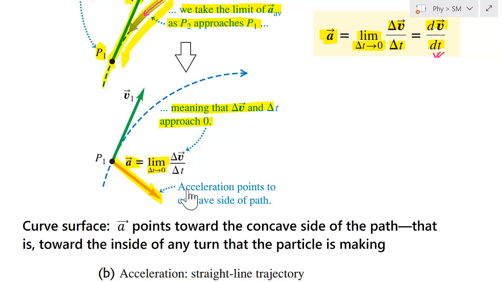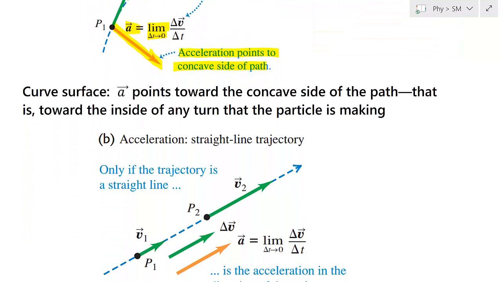An important point in this case: acceleration points to the concave side of the path. This is towards the center, towards the inner side of the curve. Whenever motion is happening along a curved path, the acceleration vector, or instantaneous acceleration vector, points towards the concave side of the path, that is towards the inside of any turn that the particle is making.